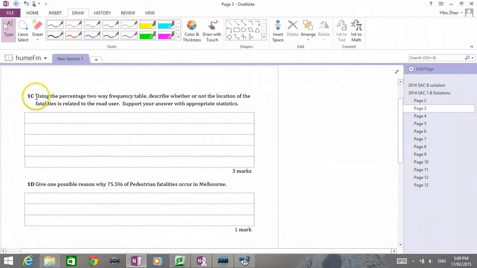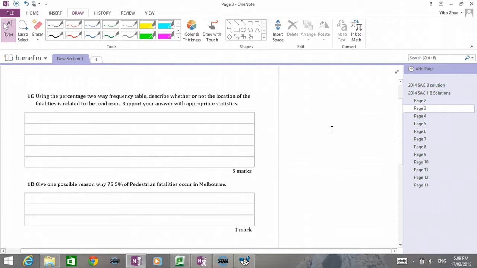Okay. Question 1C. The question says, using the percentage two-way frequency table, describe whether or not the location of the fatalities is related to the road user. Support your answer with appropriate stats.